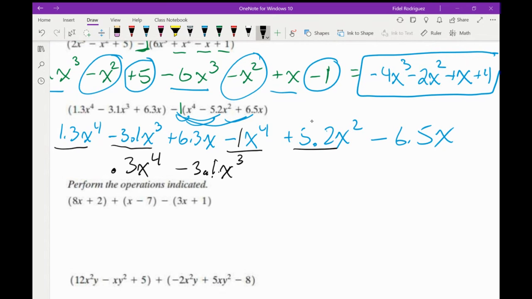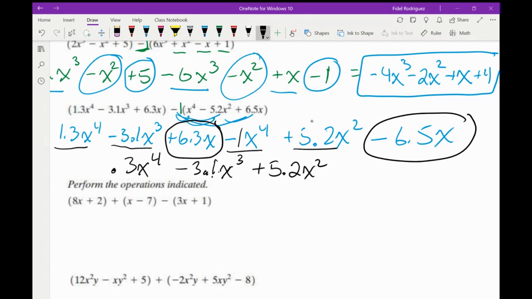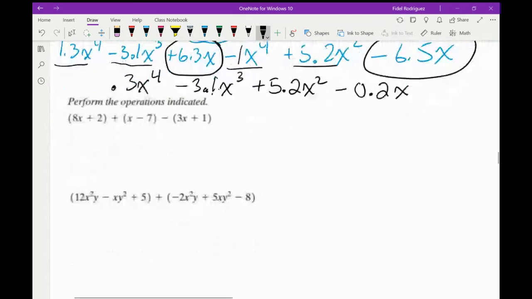And this is the only x squared that I have, so I'm going to write that one down. And then finally, right here, we have a plus 6.3x and a minus 6.5x, which is going to leave me with a minus 0.2x. And so those are those parts.